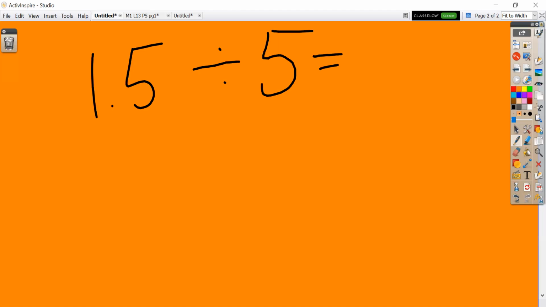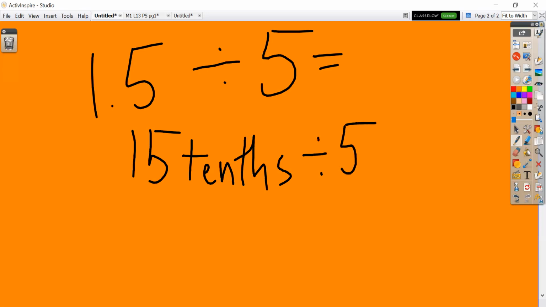So what is that going to equal? Well, let's convert it into unit form, into the smallest unit. On this one, we could say 1 and 5/10 really is 15/10, and we divide that by 5. That should be a math problem that we know. Or if you can't think of division facts, what times 5 gives you 15?